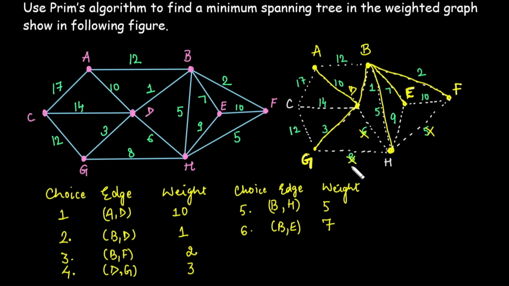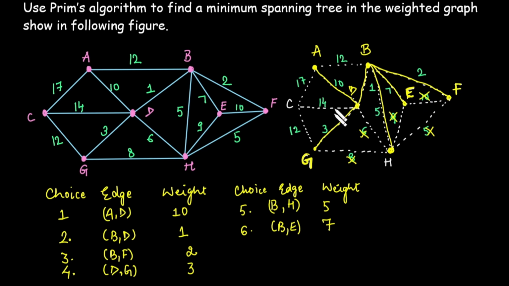The next minimum weight we have is 9. Again we cannot take this because it is creating a circuit. The next weight we have is 10 between E and F. So discard this because it is creating a circuit.